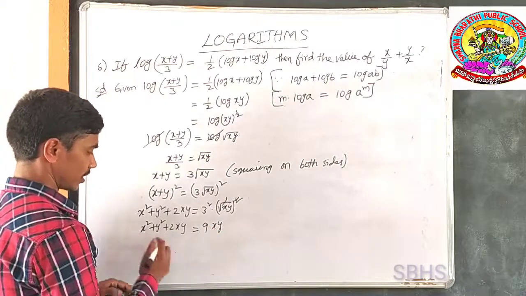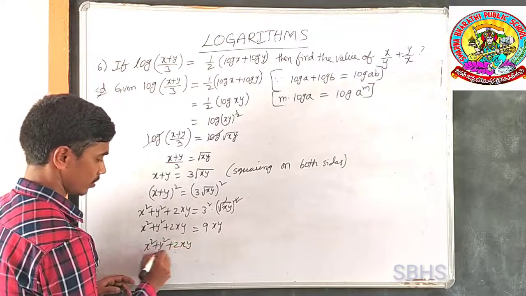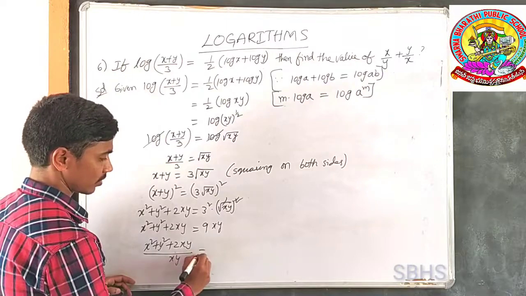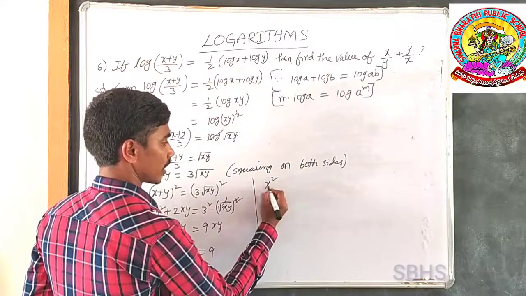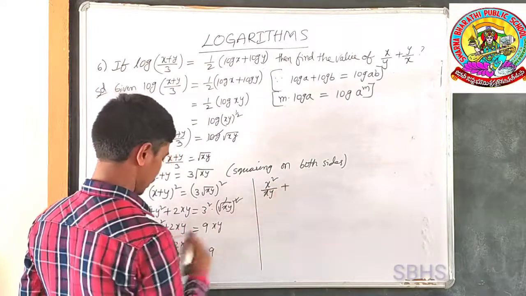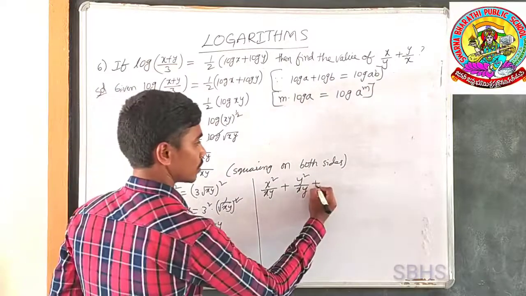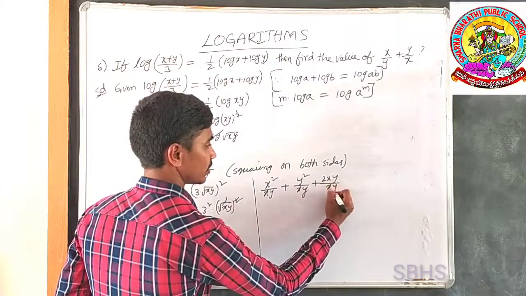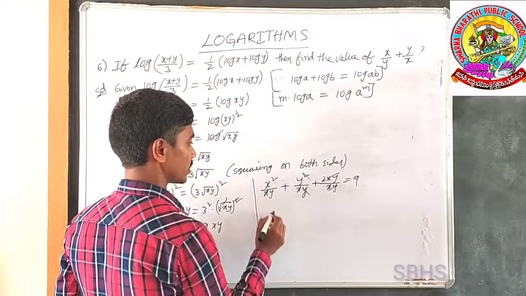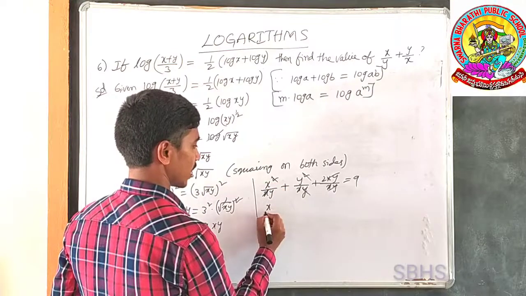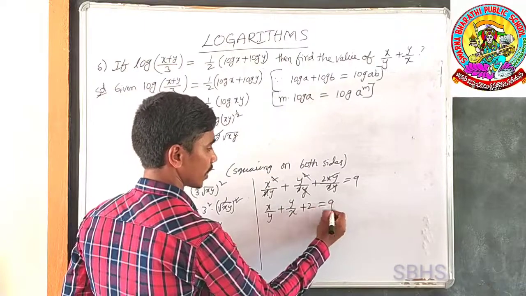Transpose xy to this side. (x square plus y square plus 2xy) whole by xy is equal to 9. x square by xy plus y square by xy plus 2xy by xy is equal to 9. xy cancel, y square cancel, x square cancel. x by y plus y by x plus 2 is equal to 9.